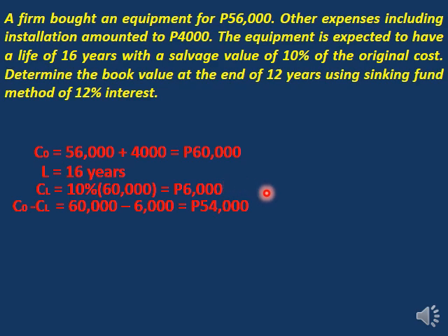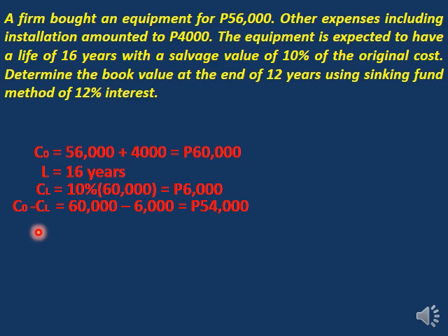That's a total of 60,000 pesos capable of installing a new equipment. In order for us to accumulate 54,000 pesos, we must set aside an amount today and deposit that to the bank at an interest rate of 12%.